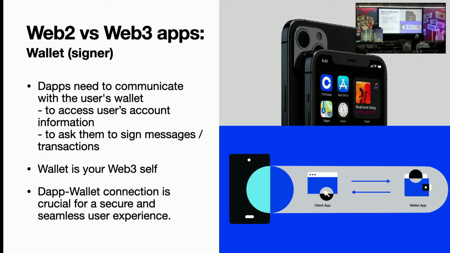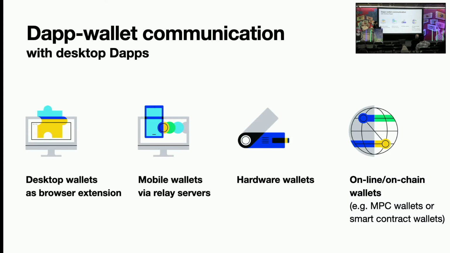Wallet is your Web3 identity. Dapps need to communicate with the wallet to ask users to do certain actions. So this talk is about dapp to wallet communication, especially on mobile devices where you have some unique constraints.